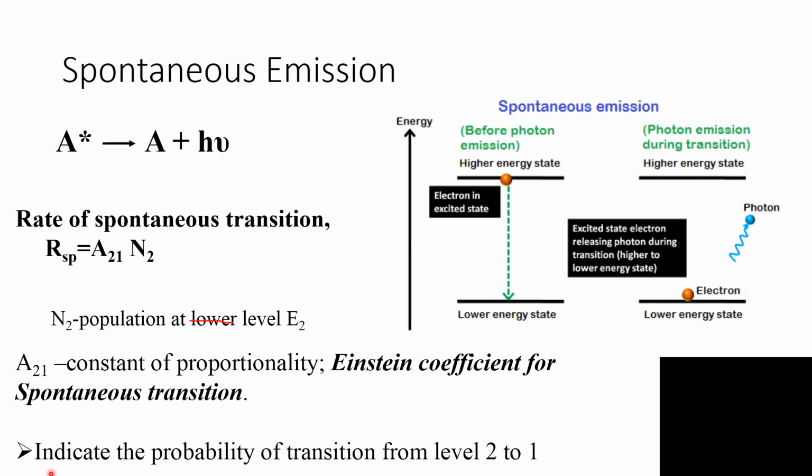It tells us about the probability of transition from level 2 to 1, because in spontaneous emission the electron comes from the upper energy level to the lower energy level. Therefore we call it the probability of transition from level 2 to 1.